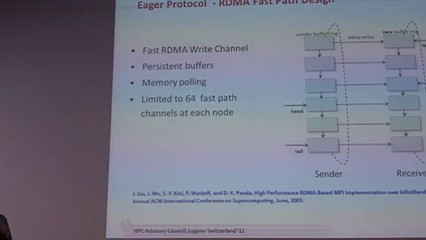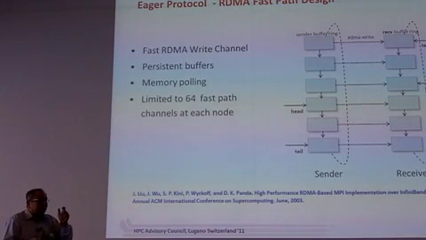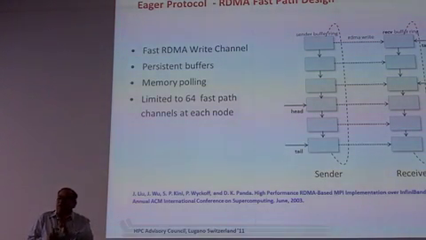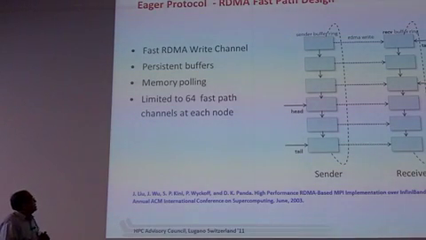We first came up with a persistent buffer. You can do memory polling so that the sender and receiver know: if the sender writes it here, the receiver knows that the data will appear here. You look for that, and if the data is there, that means the data has been received, because we are talking about very small messages like 4 bytes or 2 bytes, and we want to give you microsecond-level latency.